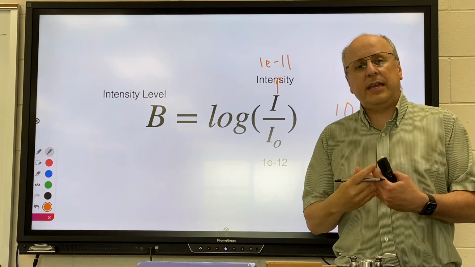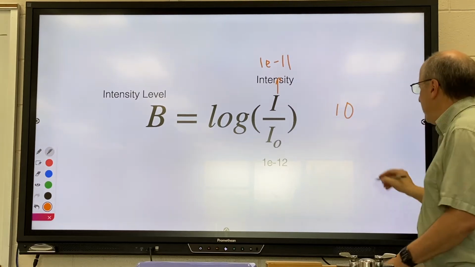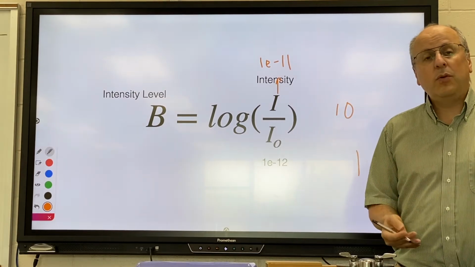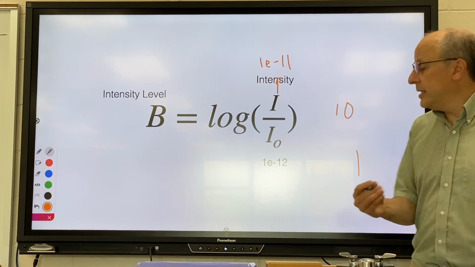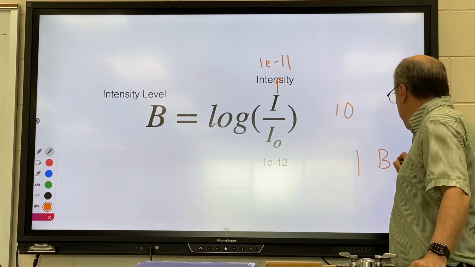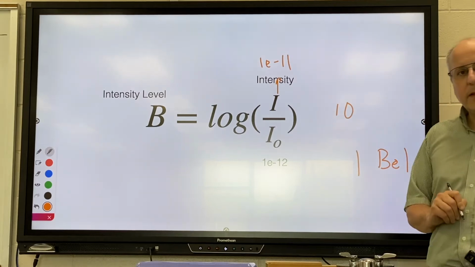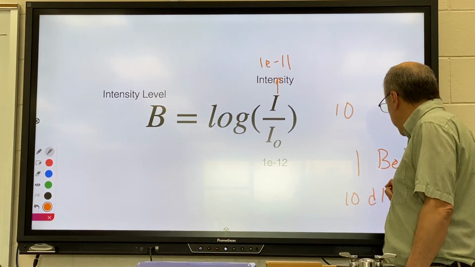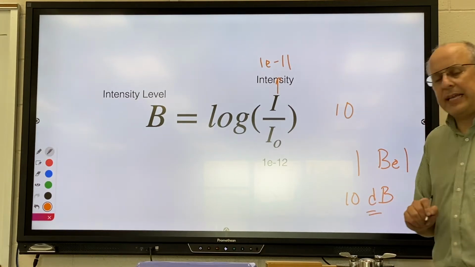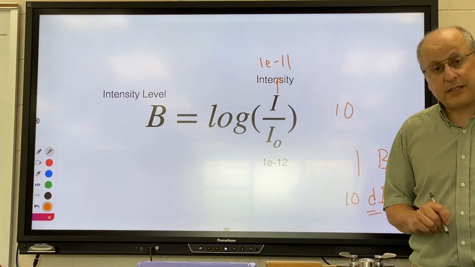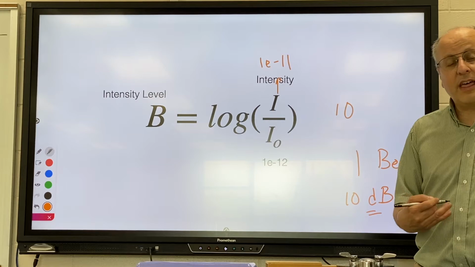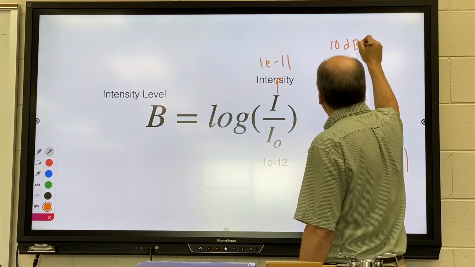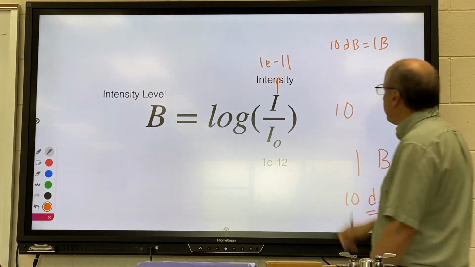You would take the logarithm of 10 and you'd get 1. What does 1 mean? That's the intensity level measured in bells. In decibels, that would be 10 decibels. Remember, deci is a metric prefix meaning a tenth of. So 10 decibels is equal to 1 bell.